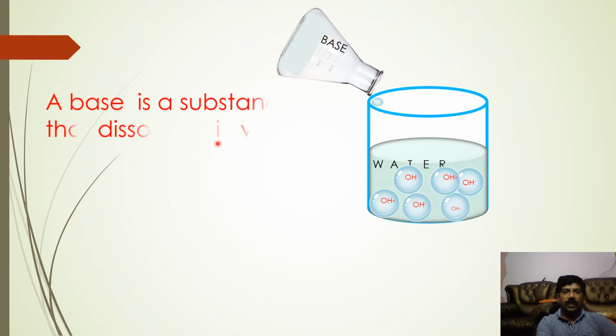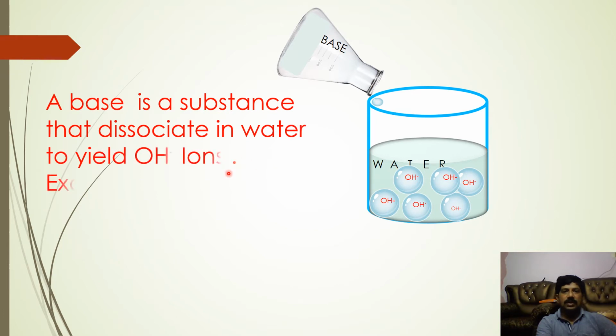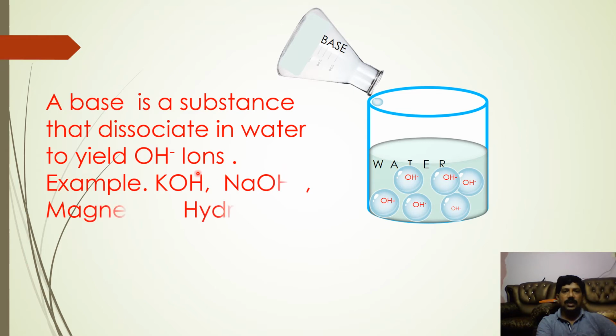Bases. What is a base? A base is a substance that dissociates in water to yield OH minus ions. Examples for bases are potassium hydroxide, sodium hydroxide, magnesium hydroxide and calcium hydroxide. So many bases are there. Children, are you clear about that one?